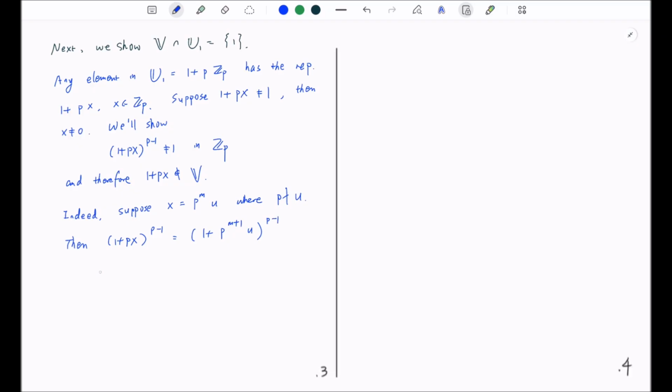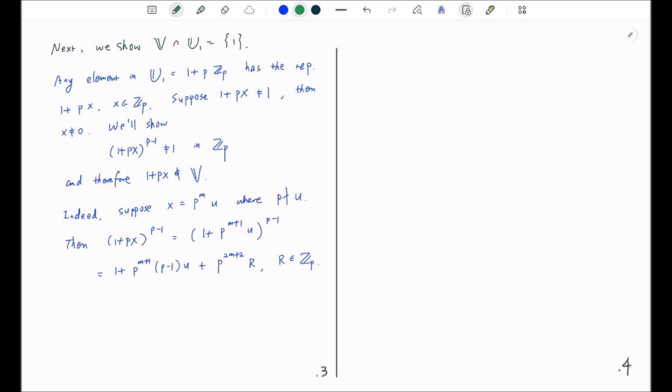By the binomial theorem, this is 1 plus the second term, p raised to the power m plus 1 times p minus 1 times u, and the rest is represented by p raised to the power 2m plus 2 times r, where r is in Zp.